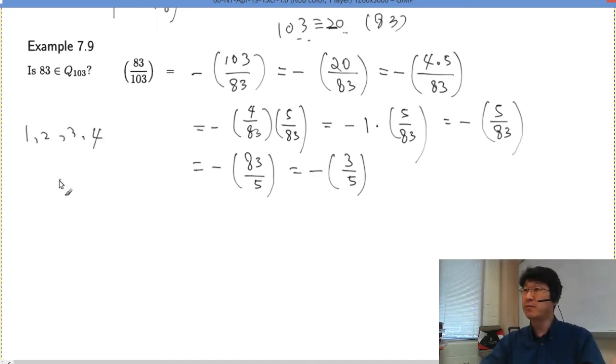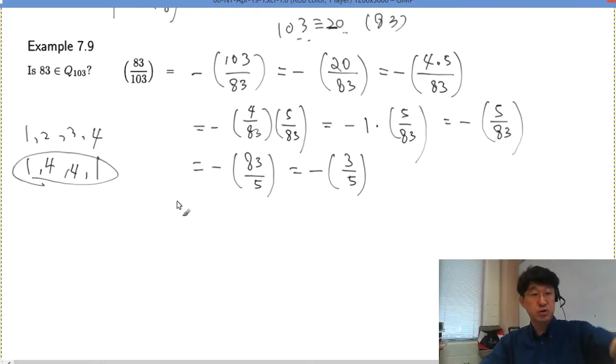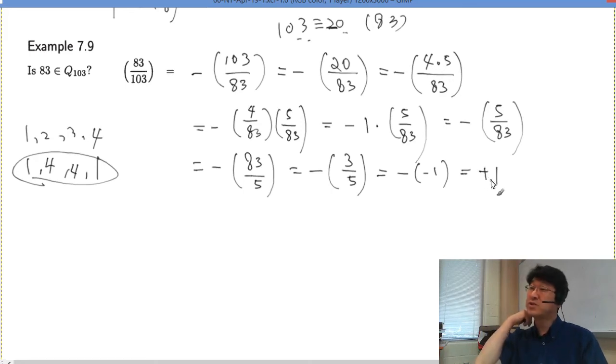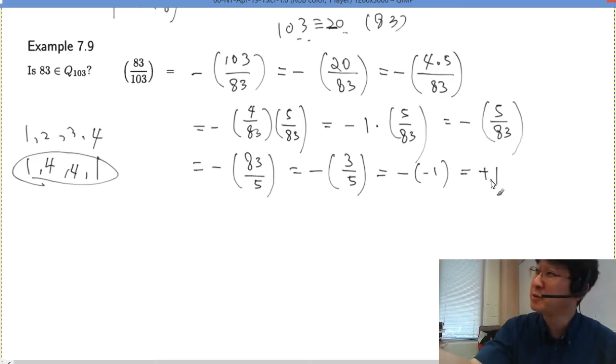Square them. What do you get? 1, 4, 9 mod 5 is 4 again, and this one is 1, right? So, is 3 a quadratic residue or not? It's not. It did not occur as a square. It has to be in the bottom list. So the answer is -1. Isn't that right? We end up at +1. So what is the conclusion? 83 is a quadratic residue mod 103.